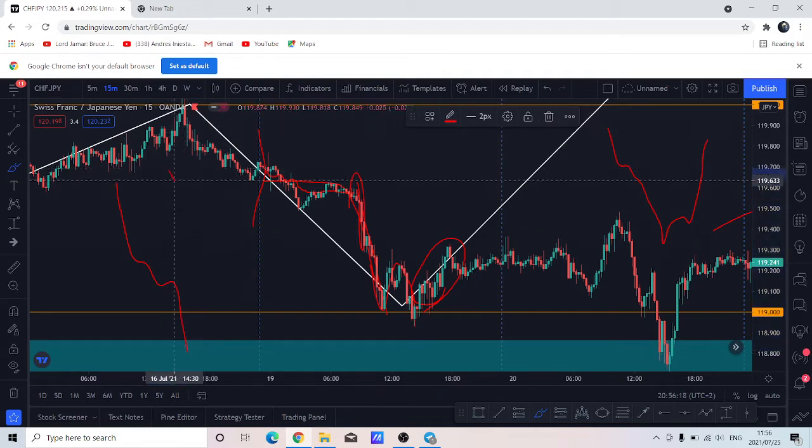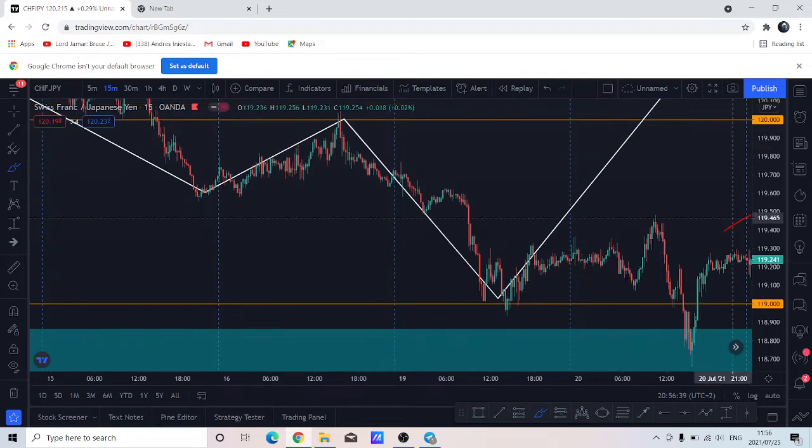So if you see a push in the London, expect a push back up in the New York session. Okay, but also we combine our analysis with correlation, everything, round numbers, key zones.